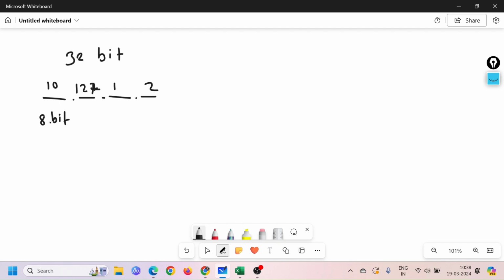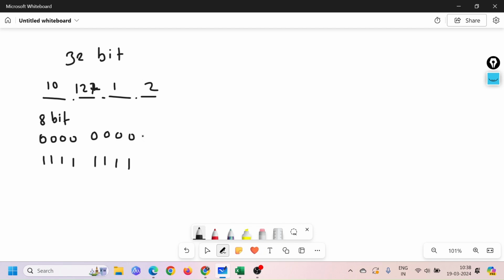When all the bits of an octet are 0, the minimal value is 0, and I'm just talking about the first field here. The maximum value is when all the bits are ones, 1 1 1 1 1 1 1 1.